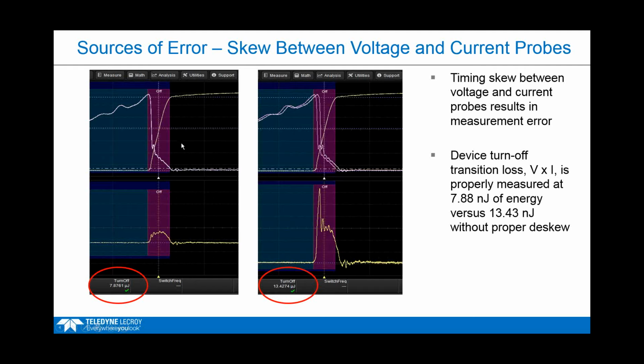And then after performing the deskew on the left side, we're only measuring about 7.8 microjoules, and you can see how much the power waveform has gone down here. So just a small bump. I just overlaid the two up here, before and after the deskew, so you can see it's really just a very small change that makes almost a factor of 2 difference in our loss measurement.